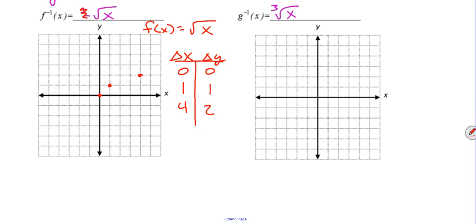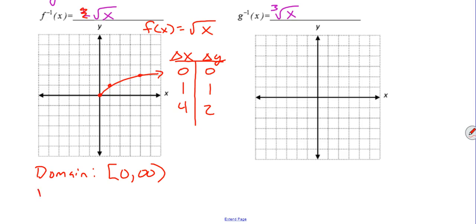Now, because the domain of this is restricted to 0 to infinity, when I draw this, there is only an arrow on the right-hand side. The left-hand point, the starting point of 0, is going to be just a dot, right?